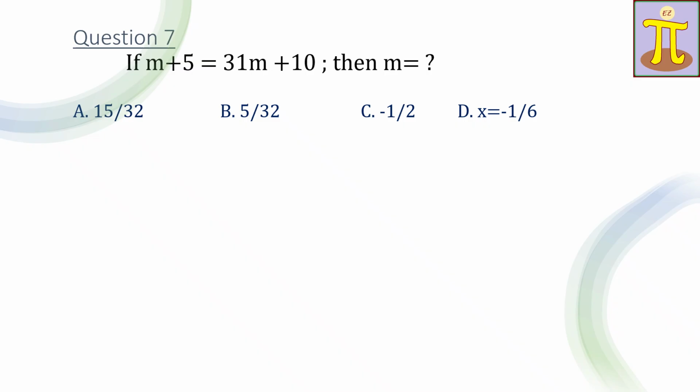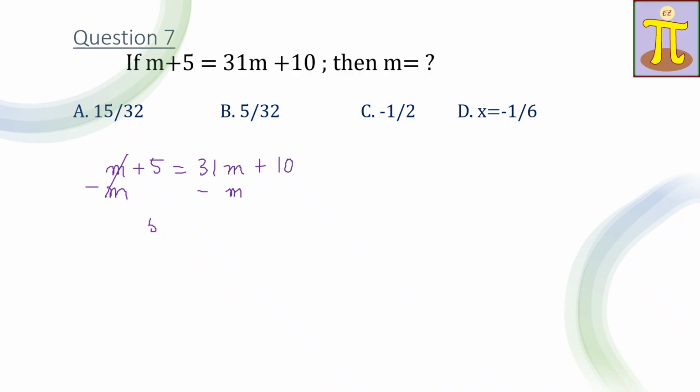Question number 7. If m plus 5 equals 31m plus 10, then m equals what? So we have m plus 5 equals 31m plus 10. I will subtract m from both sides, so on this side it's gone.